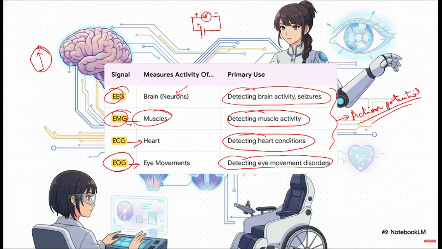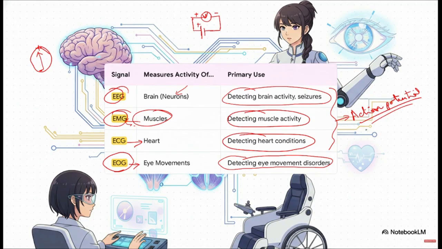The same thing happens for biopotential amplifiers also. Suppose we put the non-inverting terminal, which is the positive terminal of the biopotential amplifier, on my left and the negative terminal on the right. If I move my eyes towards the left, the positive terminal will receive the positive voltage, so I will get a positive output.